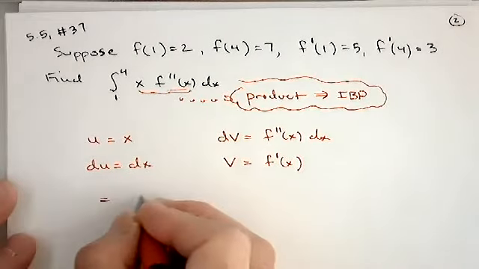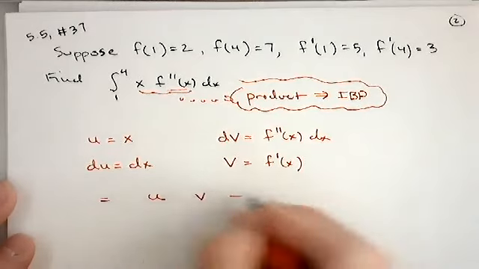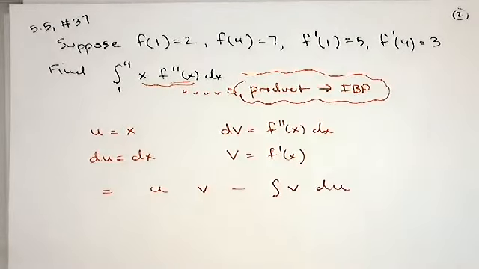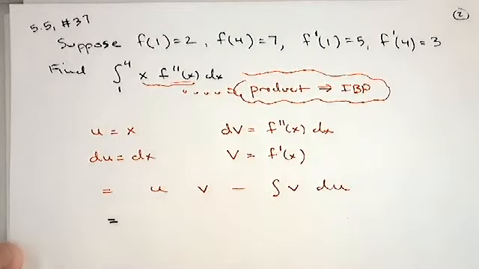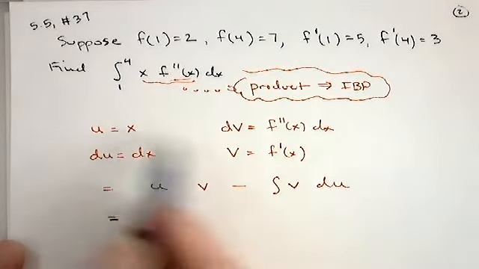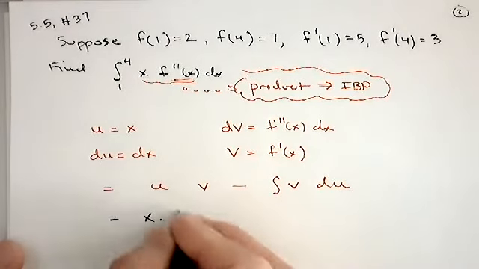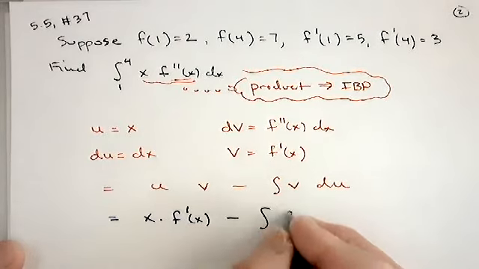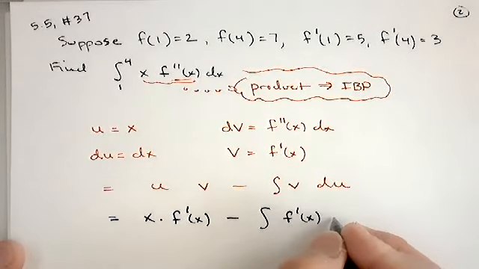So then we're going to have, I'll write the format again, uv minus the integral of v du. That gives us x times f prime of x minus the integral of f prime of x times du, which is dx.